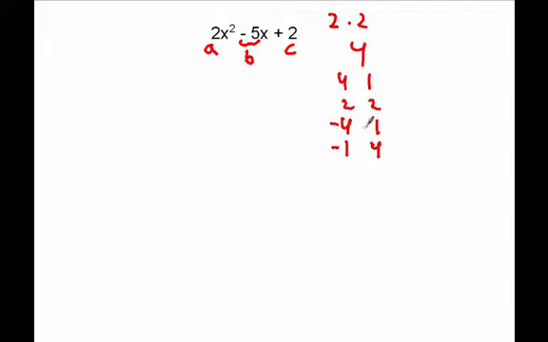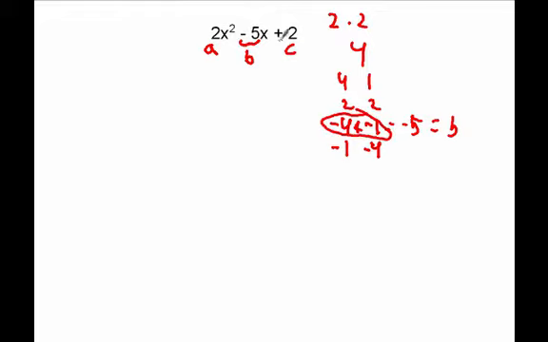If I go back here, I want to make both of these negative. That'll give me a positive number. So let's take a look at this now. Negative 4 times negative 1 is positive 4, and negative 4 plus negative 1 gives me negative 5, which is exactly what I'm looking for. That's my b. So these two terms right here are what we were looking for.